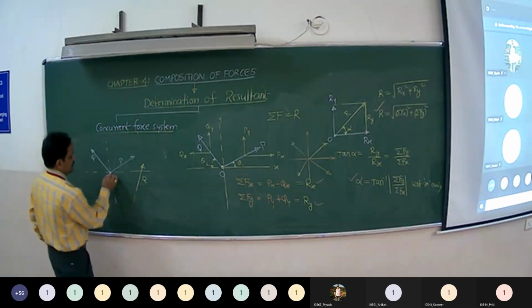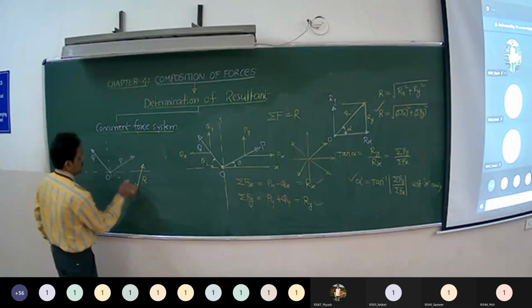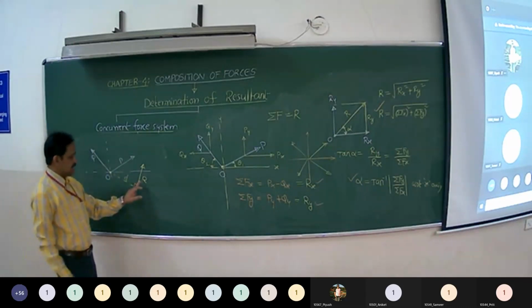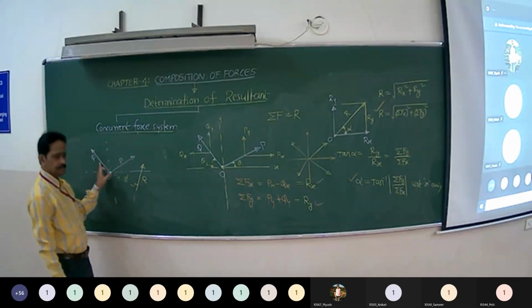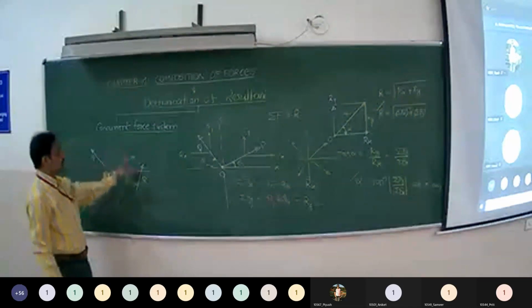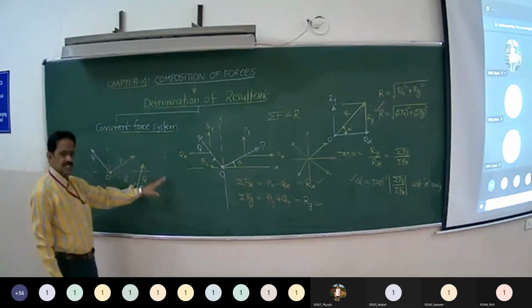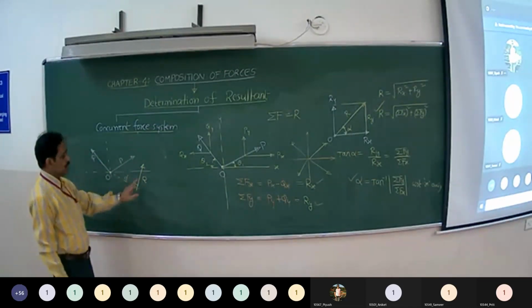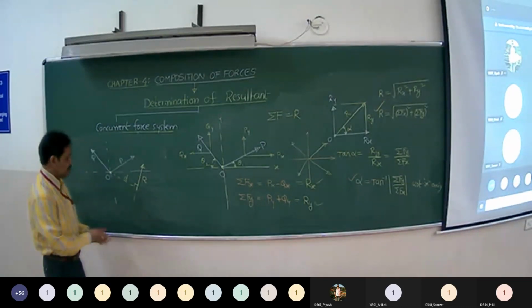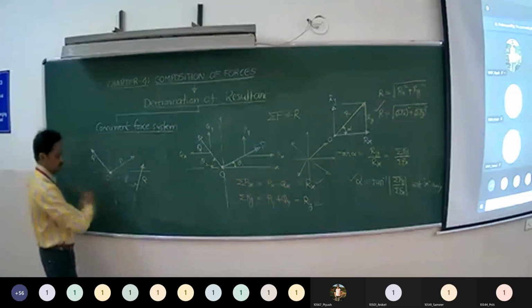Say it is acting at a perpendicular distance D from point O. Now see, R is the resultant of P and Q. As per Varignon's theorem, algebraic sum of the moments of the forces about any point is equal to moment of resultant about the same point. About any point. Why not point O?